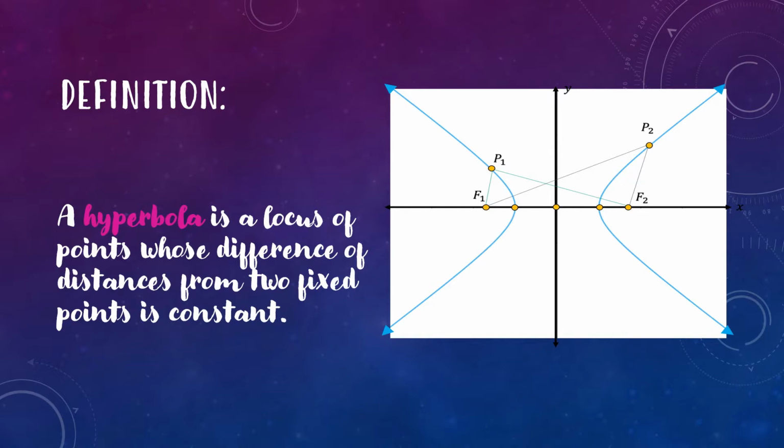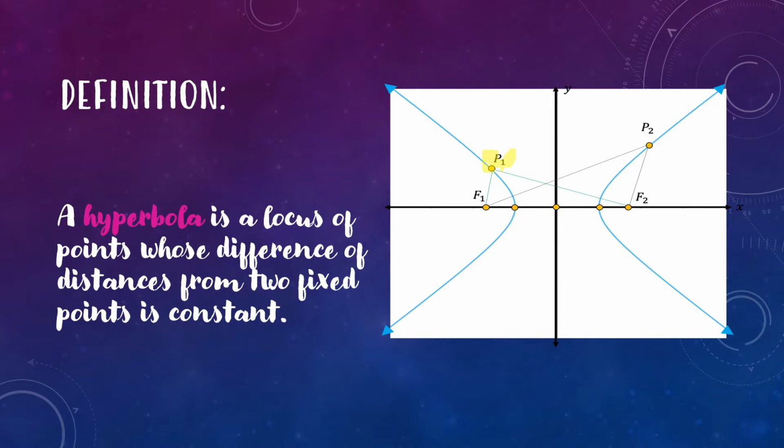So the definition, we have a locus of points. It is the set of points whose difference of distances. Kung sa ellipse, we have sum of distances. Kini po siya is difference, meaning is-subtract, no? So say for example, we have P sub 1, that is point 1.